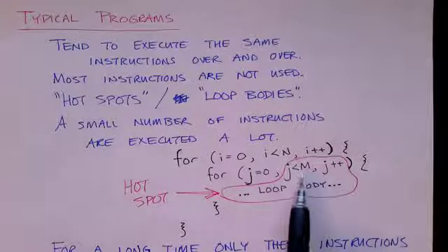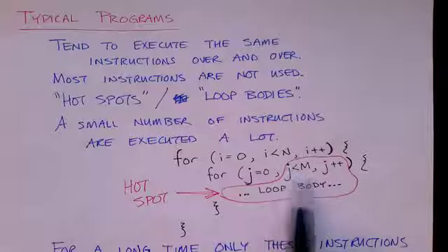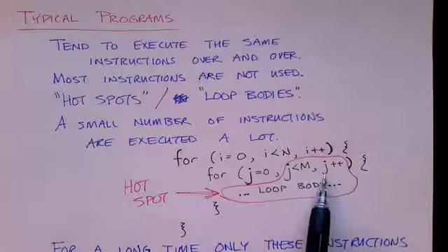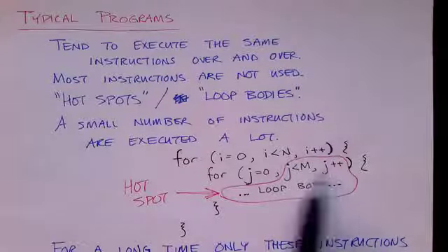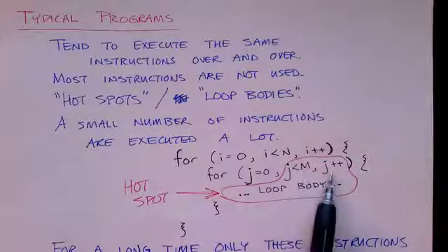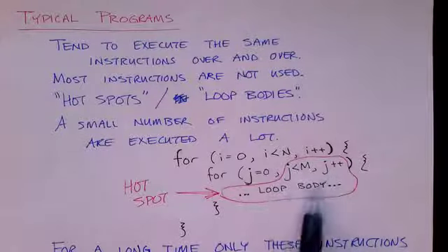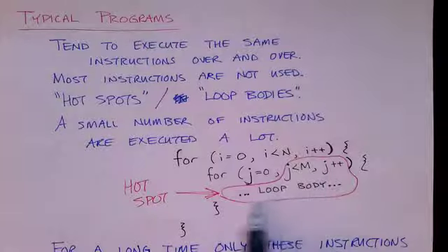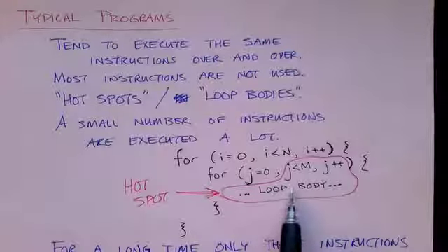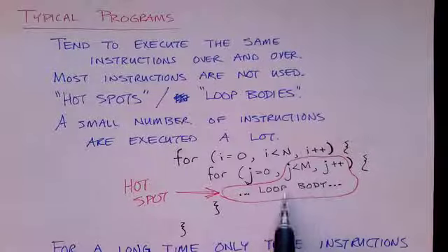And if you're a C programmer, you are familiar with this notation here. The loop test, the test for loop termination, and the increment of some loop index, those are also part of the loop body, because those tests and those increments have to be executed each time the loop executes. So this is a hotspot for the program, and we would hope that this area executes quickly.